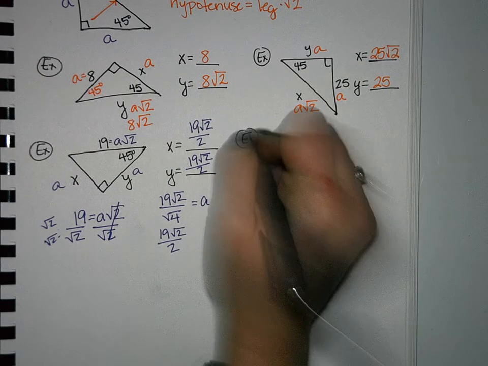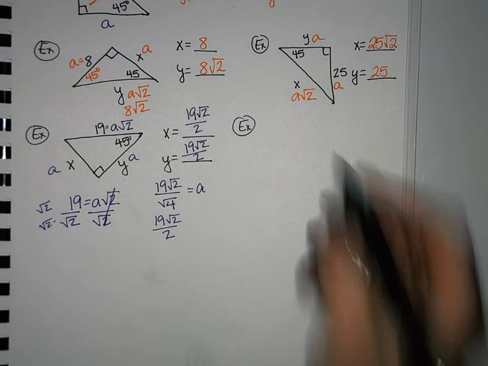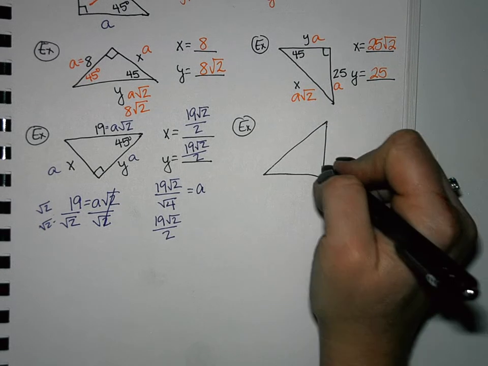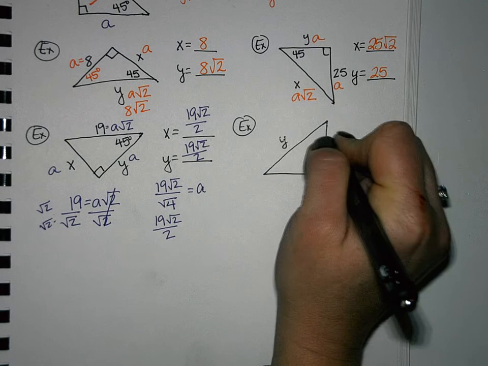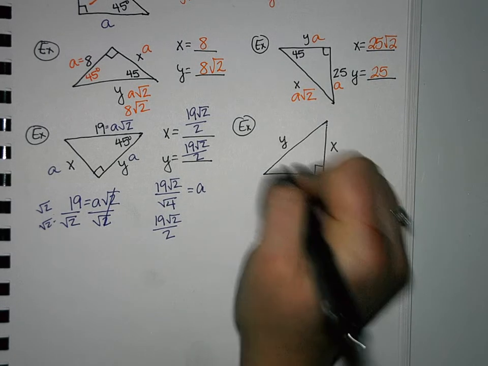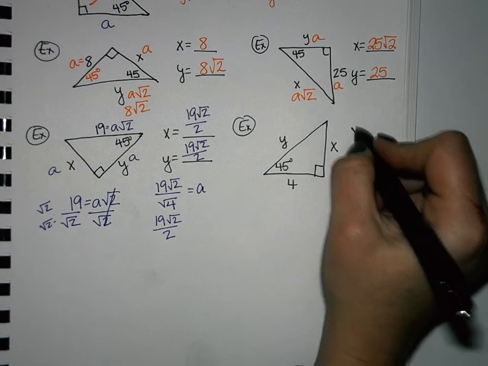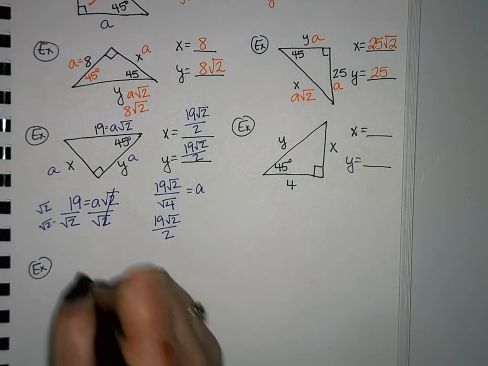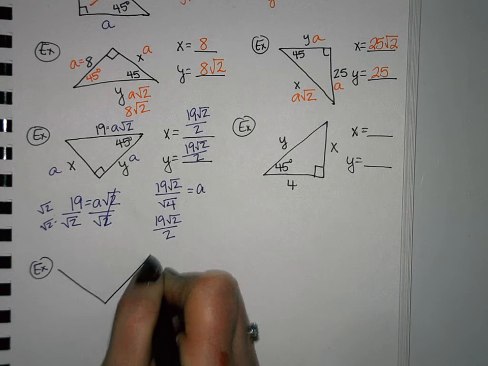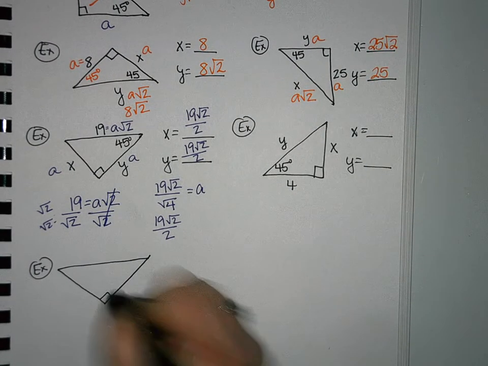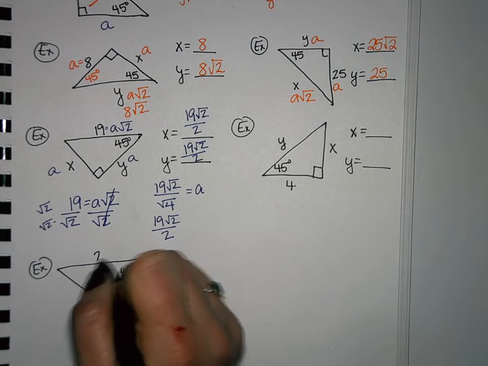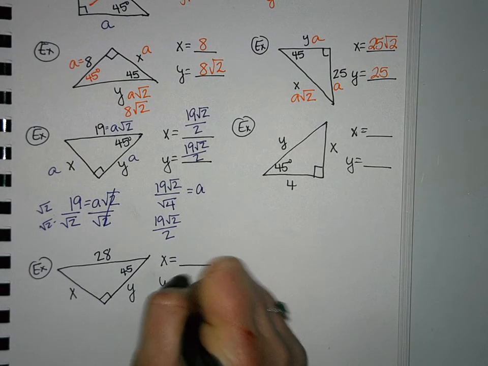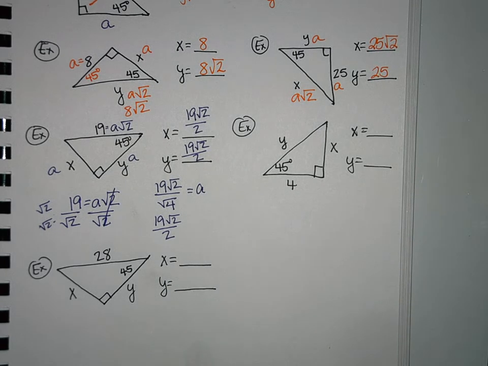So let's try another one just to see how we're doing. I want you to again start off by labeling a and a root 2. So these here are our last two.